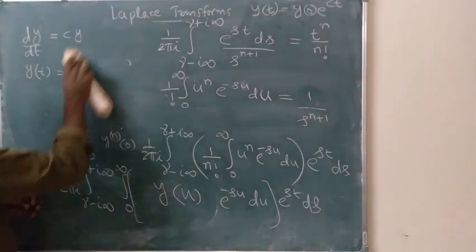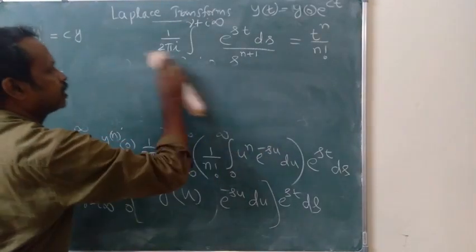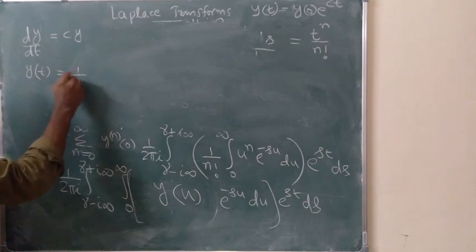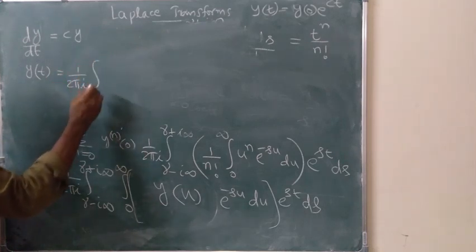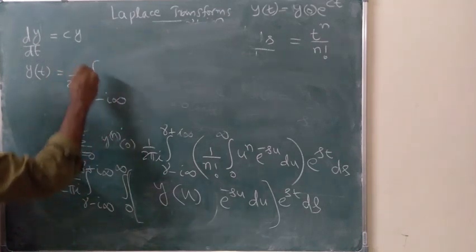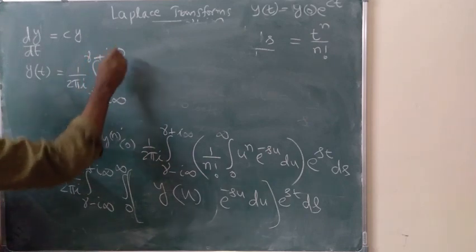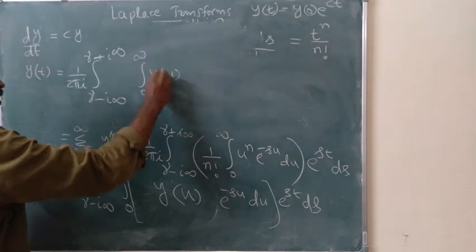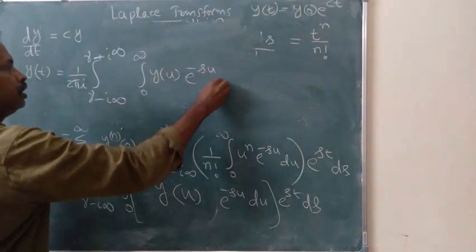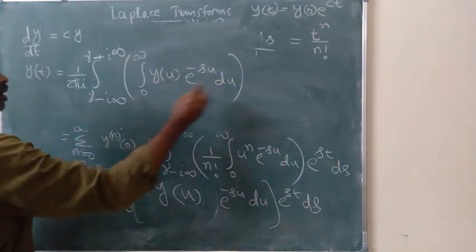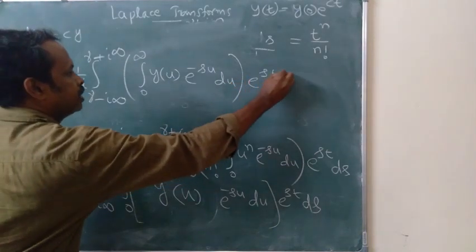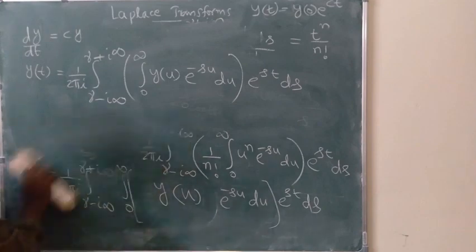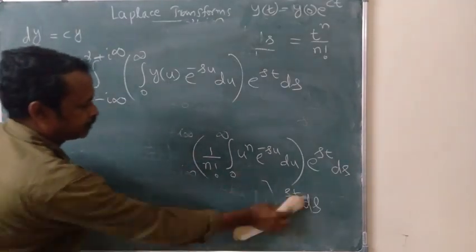So we will write that representation here. y of t equal to 1 by 2 pi i integral from gamma minus i infinity to gamma plus i infinity integral 0 to infinity y of u e to the power minus su du multiplied by e to the power st ds. So that is the representation for y(t).